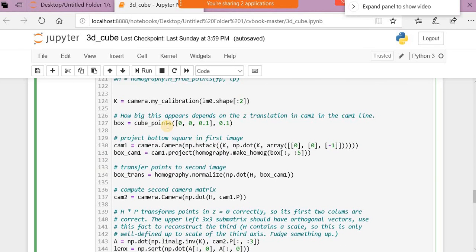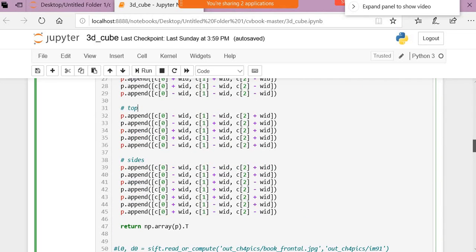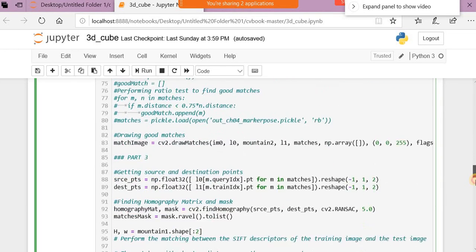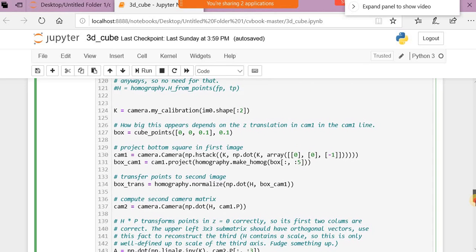Now the cube points that I want to plot over the book surface, I am giving the coordinates, that is 0, 0, 0.1 and 0, 1. By using this function it will call the upper one, and my cube will be formed. Once my cube is formed, my last thing is placing this cube over my book surface.